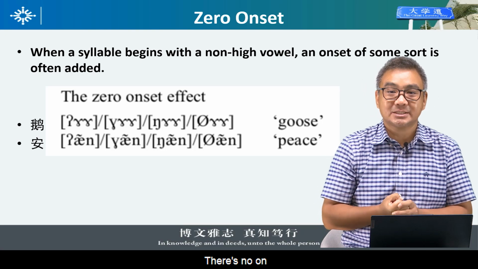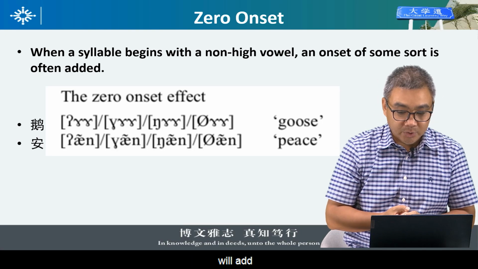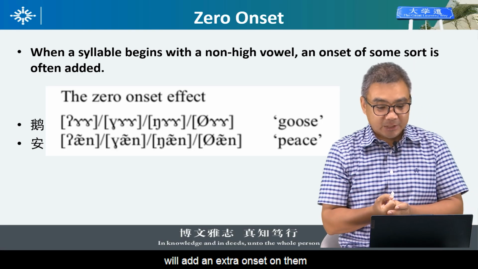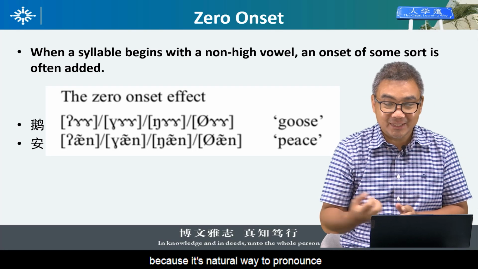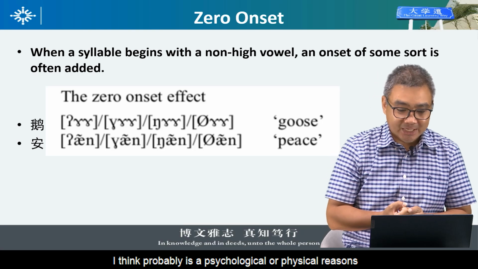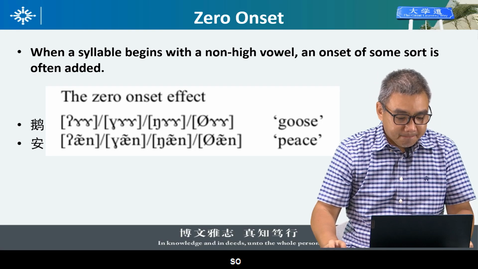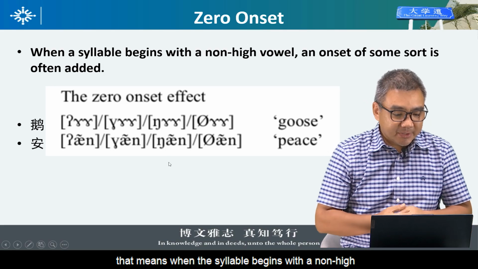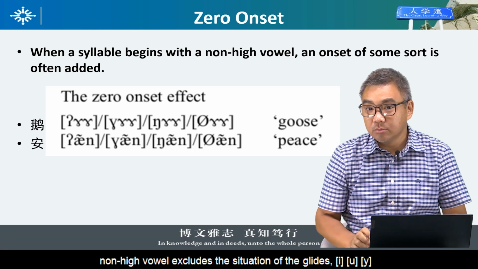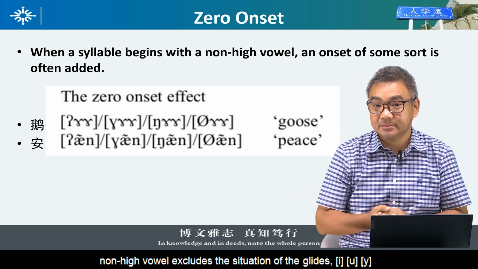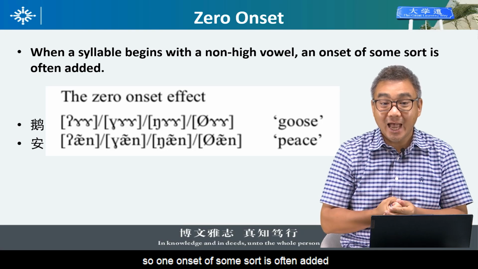Typically, the Chinese speaker will add an extra onset, because it's a natural way to pronounce. I think probably it's a psychological or physical reason. So that means when the syllable begins with a non-high vowel, excluding the situation of the glides, one onset of some sort is often added.